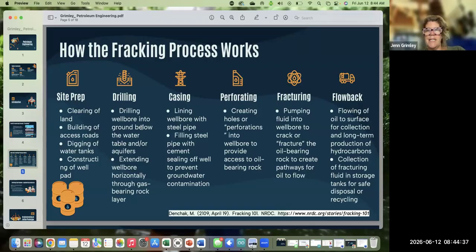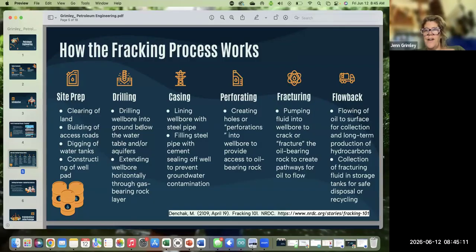And then the key is to put holes in the wellbore, which they call perforations, to provide access for the fluid to get into the oil-bearing rock, and then pumping the fluid into the wellbore, forcing it out of the perforations into the surrounding shale or rock, which creates fractures in that rock, which in essence creates a pathway for the hydrocarbons to flow.